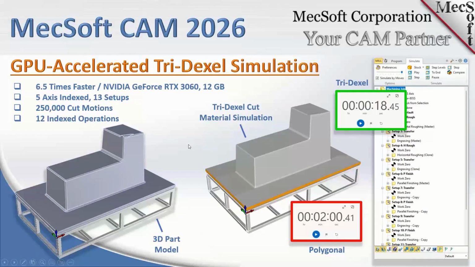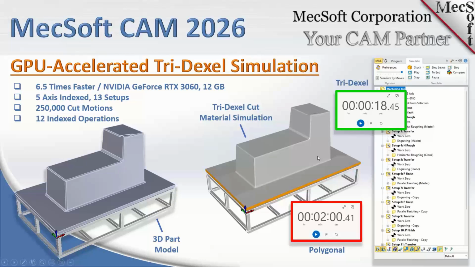Here is an indexed 5-axis cut material simulation. It's 6.5 times faster in this particular example, where we have 13 separate setups shown over here in the machining job tree, 250,000 cut motions, 12 indexed operations at 2 minutes in the polygonal simulation, 18 seconds in the TriDexel cut material simulation.